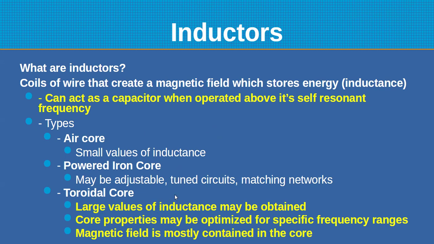Most of the inductors in radio circuits today typically will be on toroidal cores. Looks like a little donut or a lifesaver. And they do that because they can get larger values of inductance than you can if it's just air wound. The core material will determine the value of inductance you can get per turn, and also the frequency range that it'll operate over.